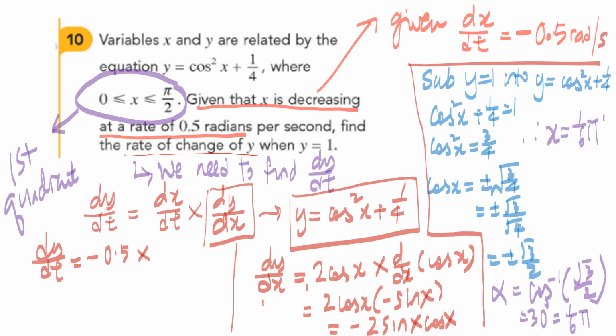So times bracket negative 2 times sine pi over 6 cos pi over 6. And let's see what answer you get. Now, if you're using pi over 6, make sure you remember to change your calculator mode to radian.